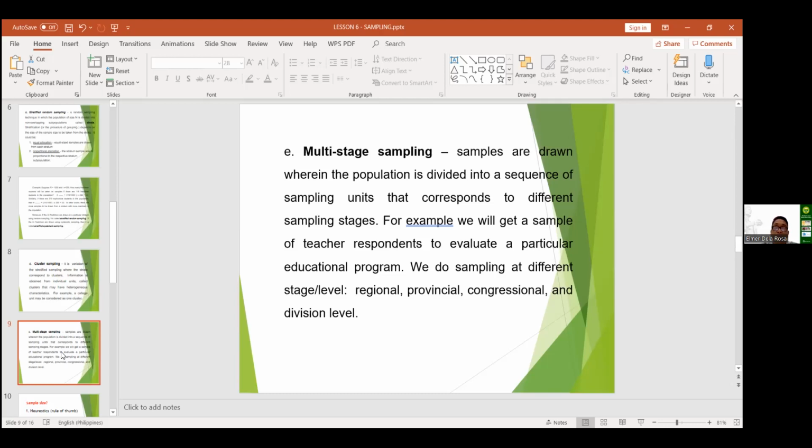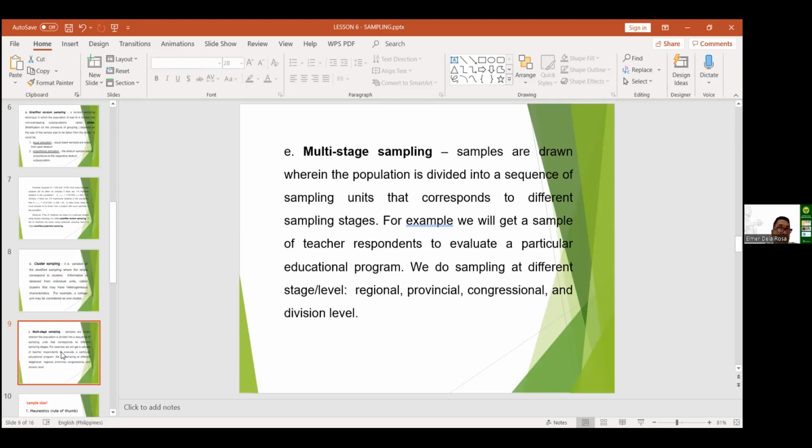So, sa bawat region na napili, i-provincial ko naman. So, napili si region 3. So, ang gagawin ko, lahat ng provinces sa region 3, lilista ko ulit sa papel. Okay? And then pipili ako halimbawa ng 5.